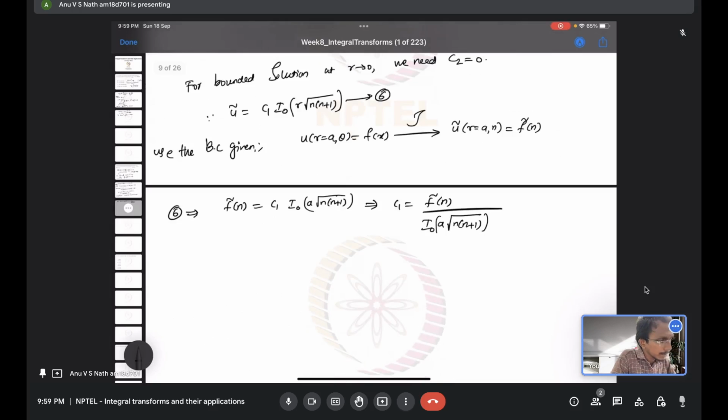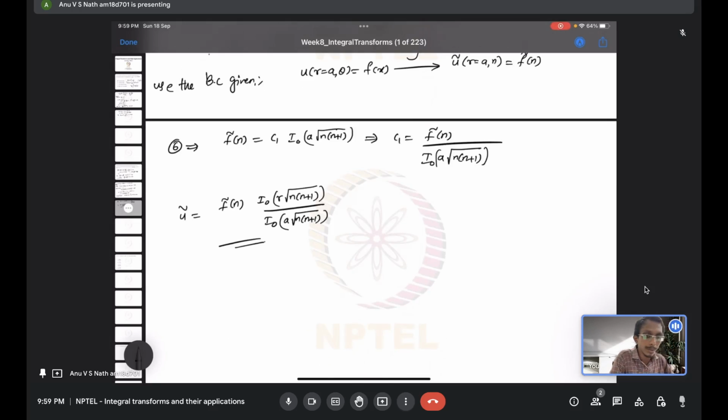Now if you substitute this back into equation 6 again, you will find u tilde is f tilde of n times I0 r square root of n into n plus 1 by I0 a square root of n into n plus 1. So this is the solution in the transformed domain.